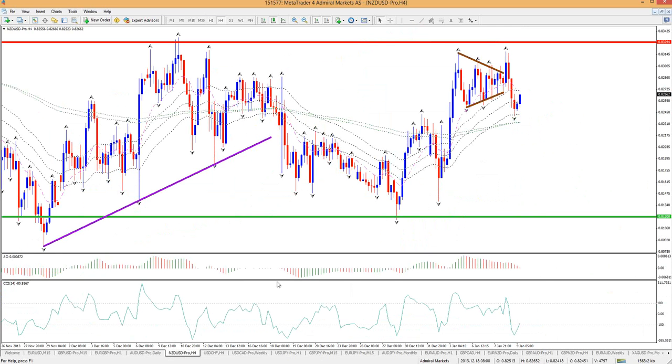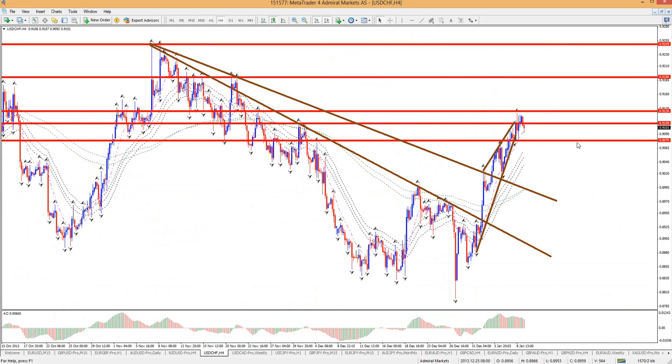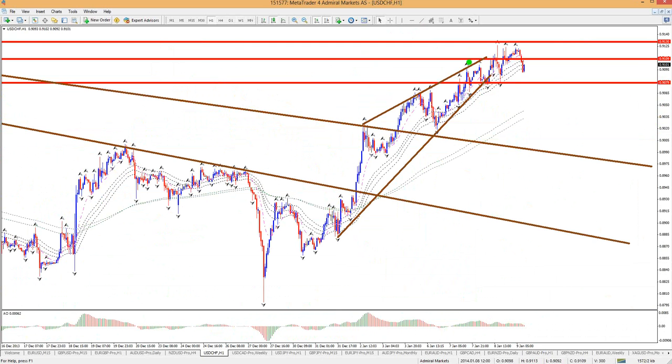While Kiwi remains funky, it broke up, hit the resistance line, our red line here, then moved down again. Not too interested in that one. Dollar Swiss keeps pushing up, but is struggling with all these resistance lines we have here.